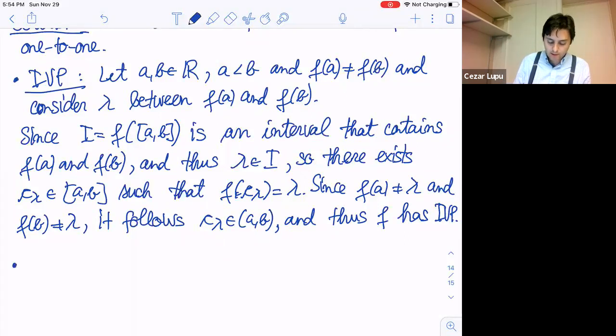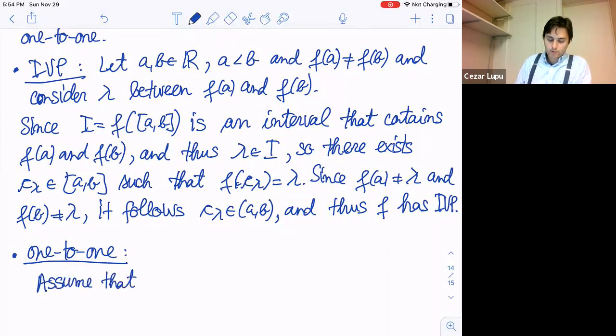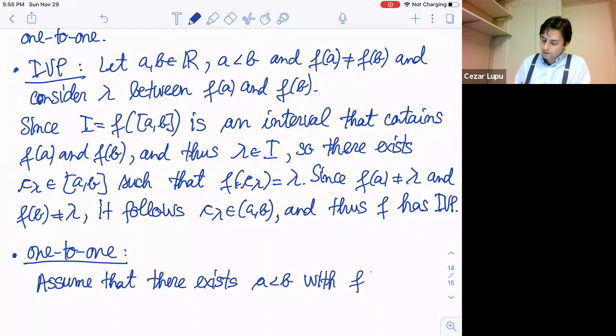Now let's look at the one-to-one. So now let's assume by contradiction that f is not one-to-one. In other words, assume that there exist a and b with a less than b, with f of a equals f of b.